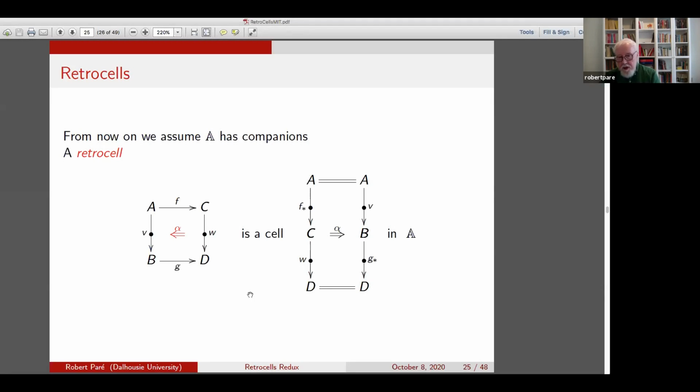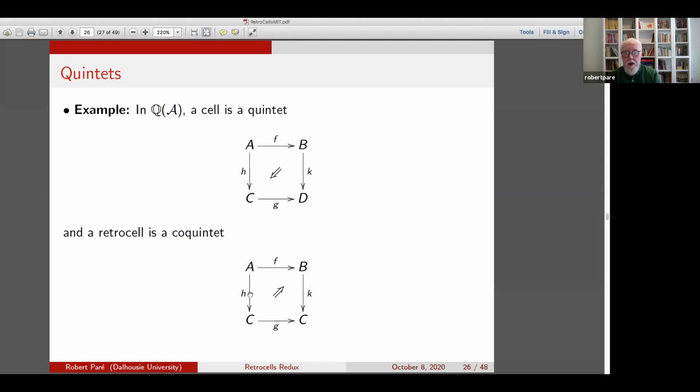This is a little bit of a cheap sort of thing, but let's see. I'm going to try and give you a whole bunch of reasons why it's a good concept. First of all, if you have a two-category, there's a nice double category that you can construct from it, the double category of quintets. This was introduced by Ehresmann way back in 1962.